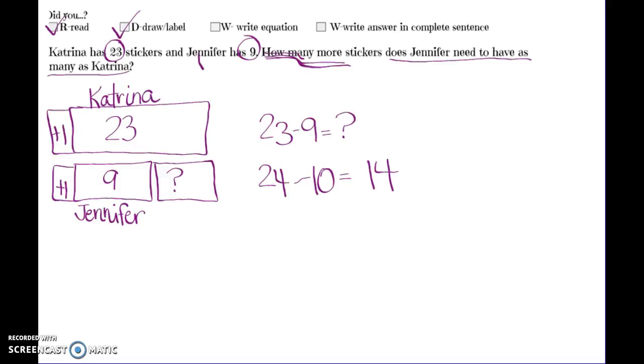So now I have written out the equation, and I've solved, and now I'm ready to write it in a complete sentence.